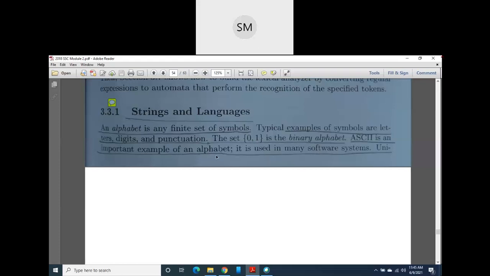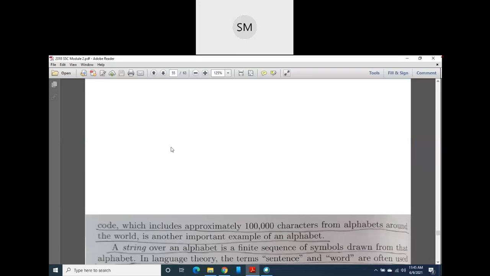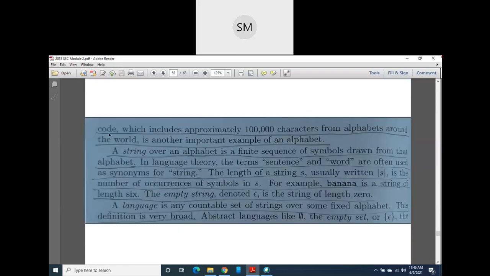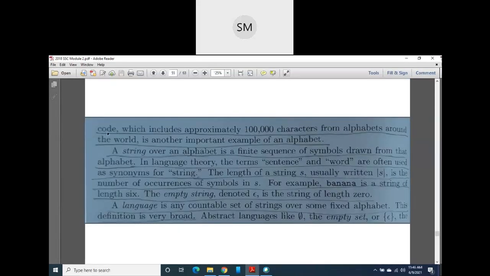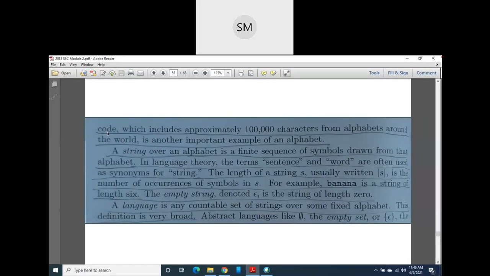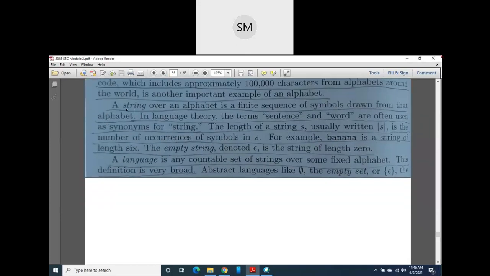One more notation apart from ASCII is Unicode. ASCII and Unicode are coding methodologies, and these are also good examples of an alphabet.